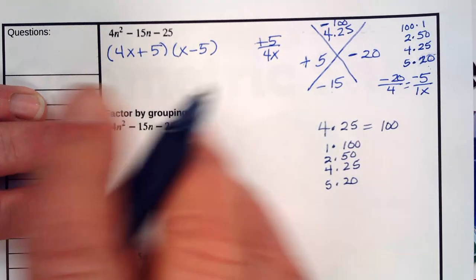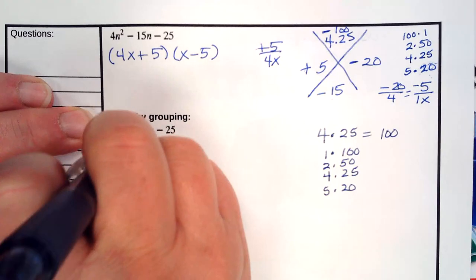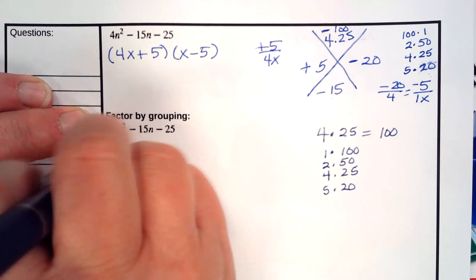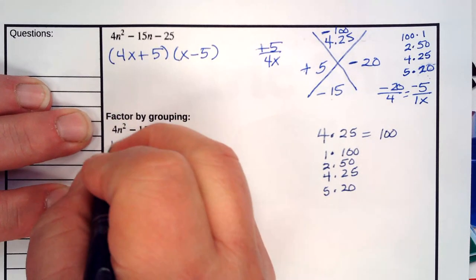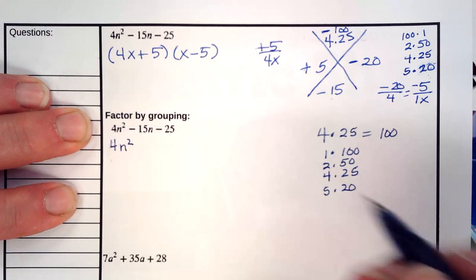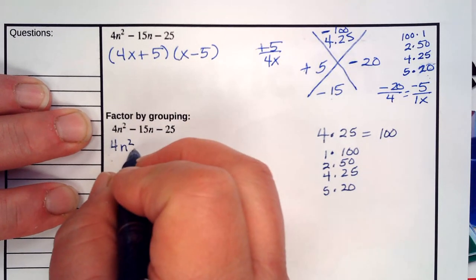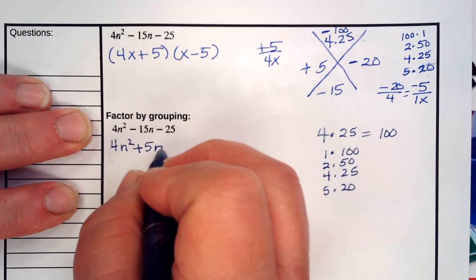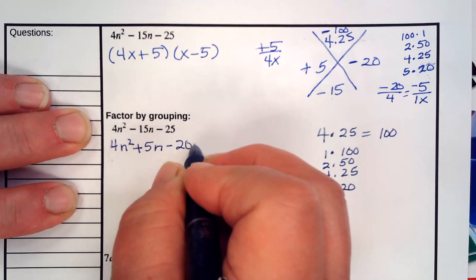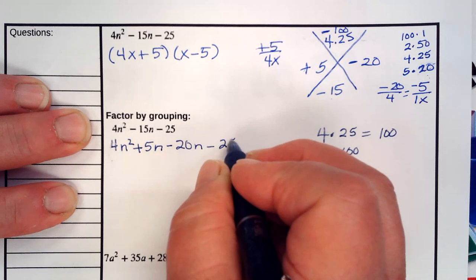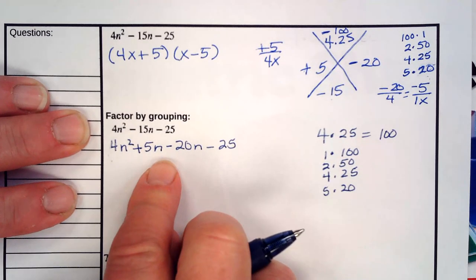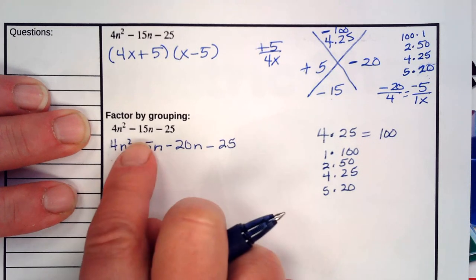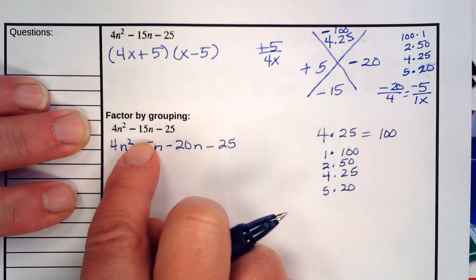So as we get ready to do the grouping part, we'll have 4n squared plus 5n minus 20n minus 25. Now we know that 20 is negative because we need a negative 15.